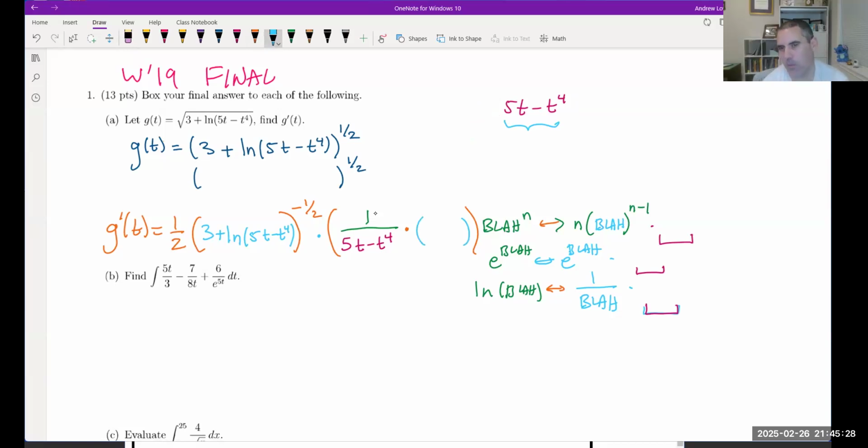That's part of the reason we call it a chain rule: it's this product of this chain of derivatives. And so the last piece is what's here. So what goes here? What am I going to write next?